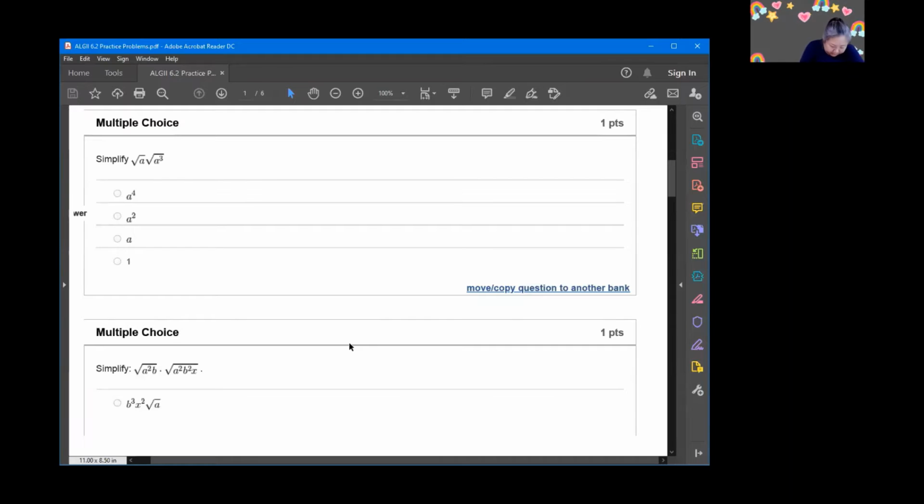Since both radicals are square roots, this will be a square root, and I can just go ahead and directly multiply them: A squared B times A squared B squared X. Under the square root covering everything together, A squared times A squared is A to the power of 4, and B times B squared will be B cubed, and then there's 1 X here.